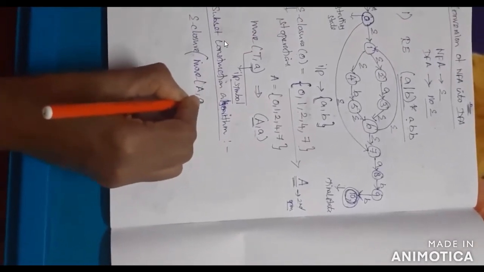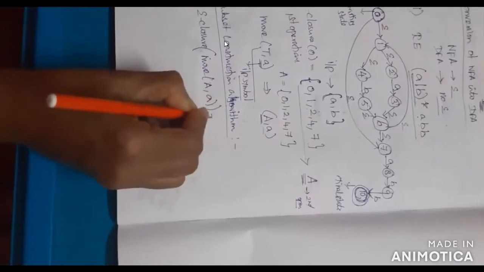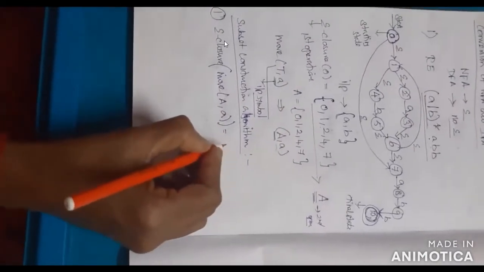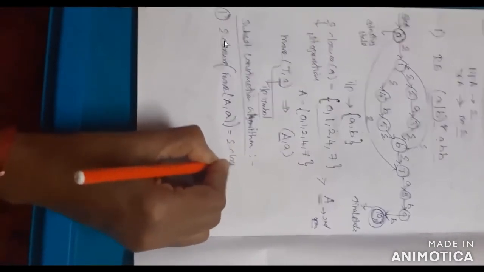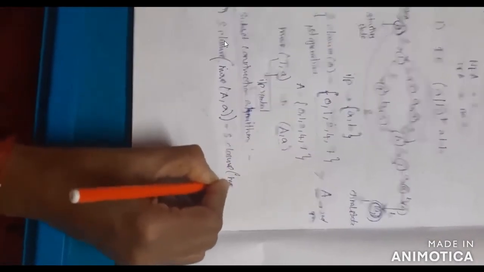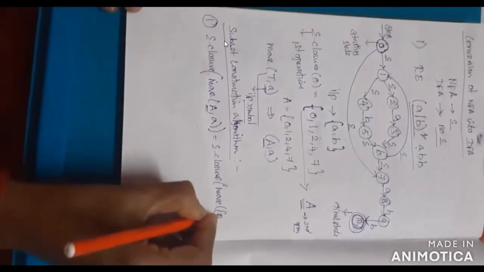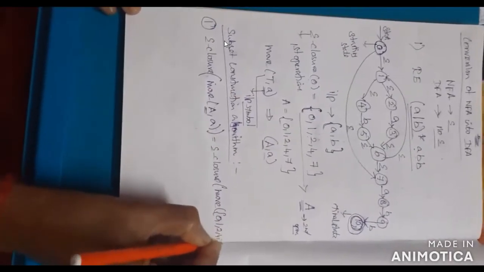First you start with the input symbol small a. After that you can do the next input symbol b. Okay. Here check the next thing, E closure of move of A, where A is 0, 1, 2, 4, 7. You can write it in braces.